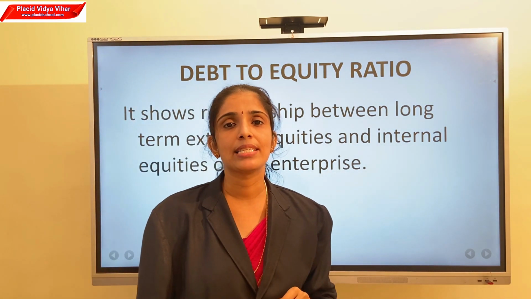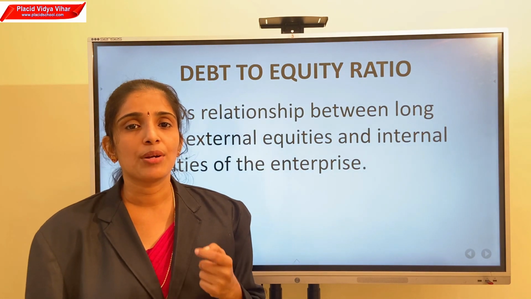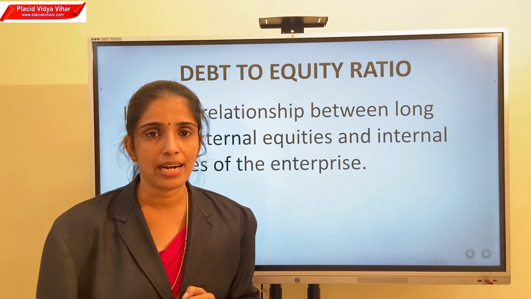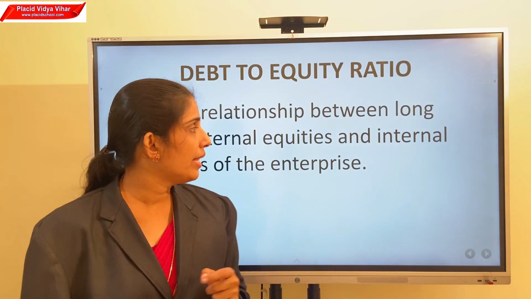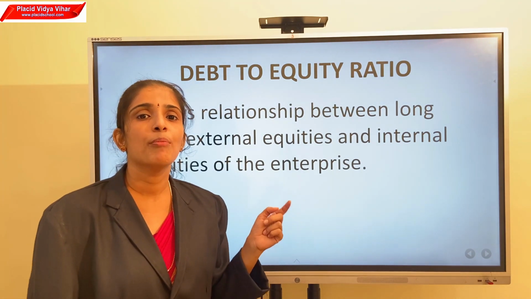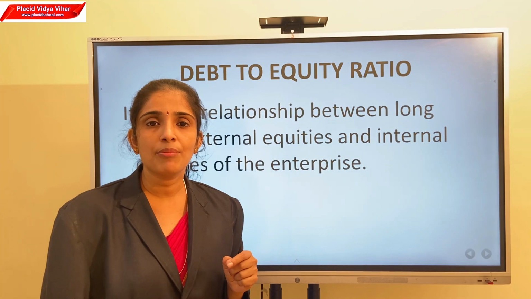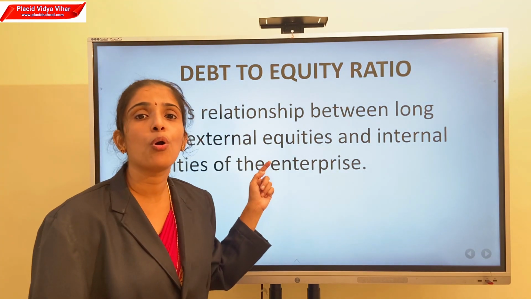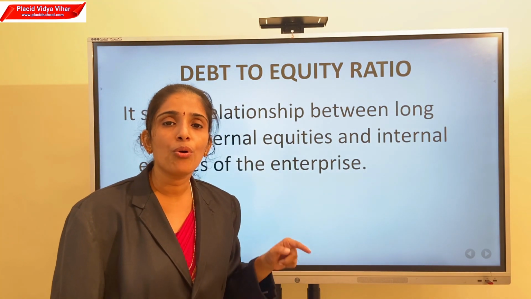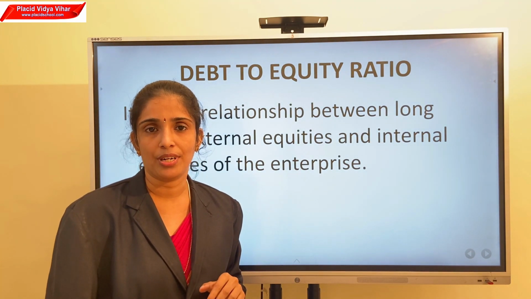External equity means long-term liabilities or other borrowed fund. Then the internal equity. Internal equity is also a liability, but it's an internal one. That is the shareholders fund. That means debt equity ratio is the combination of borrowed fund, or the outsider's liability, and the shareholders fund.